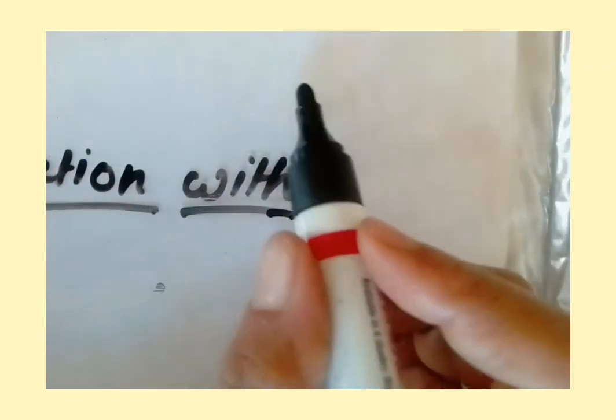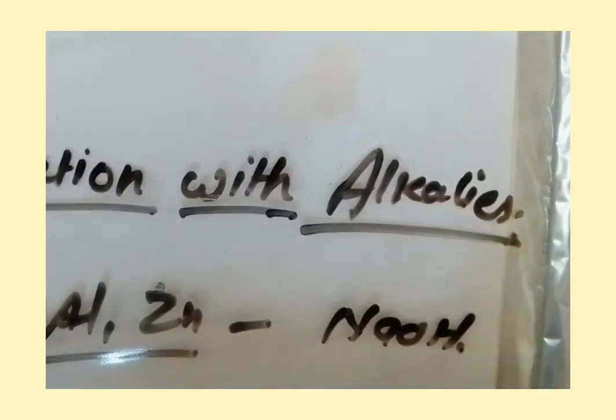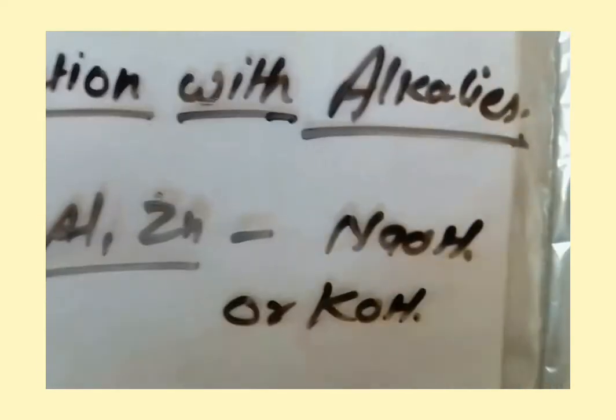Now we will study about reaction of metals and non-metals with the alkalis, means the bases here. So similarly, metals like aluminium and zinc react with sodium hydroxide or potassium hydroxide, right?